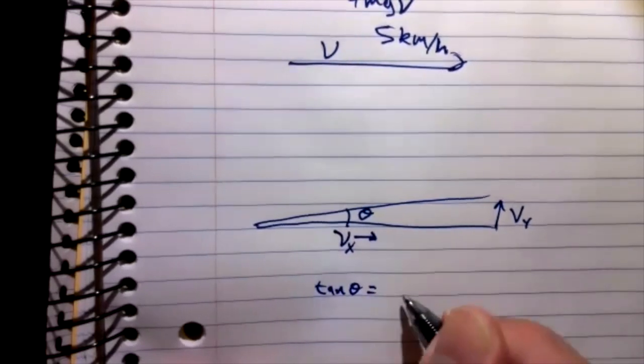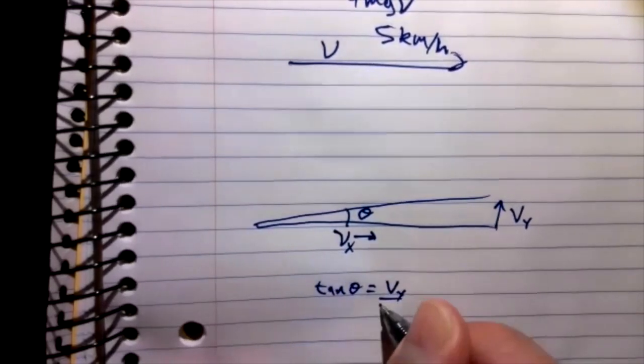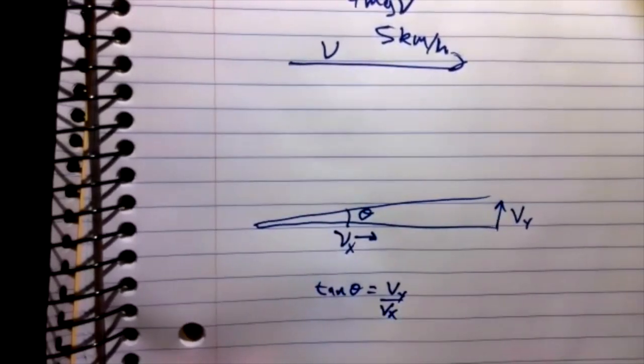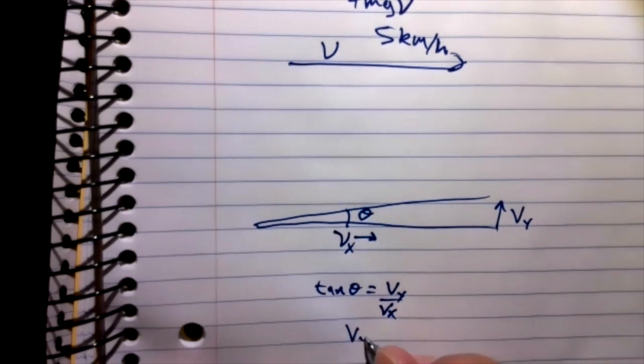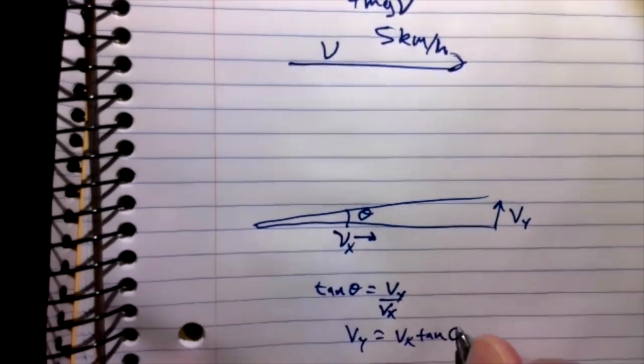Okay. So let's see. If we say tan theta is equal to Vy over Vx, then we can substitute in for her Vy velocity. So we'll say Vy equals Vx tangent of theta.